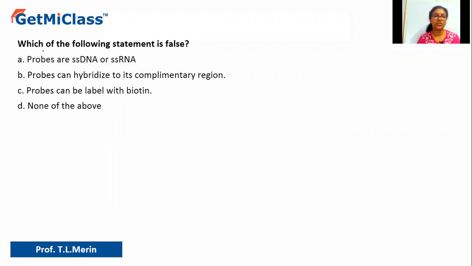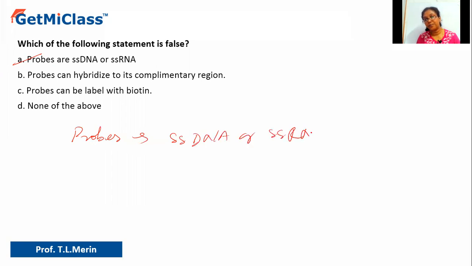So let us understand the question. It says, which of the following statements is false? Option A says probes are single stranded DNA or RNA. That is absolutely right. So basically, what are probes? The probes can be single stranded DNA or single stranded RNA.